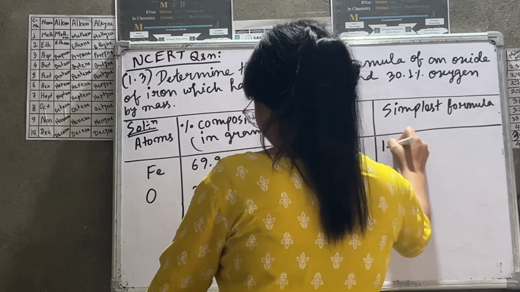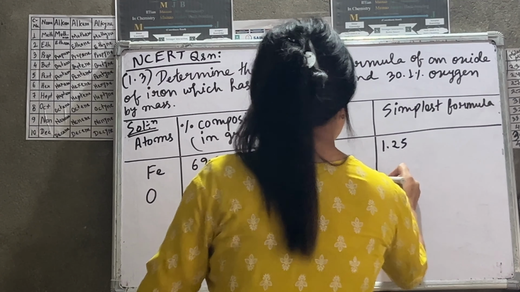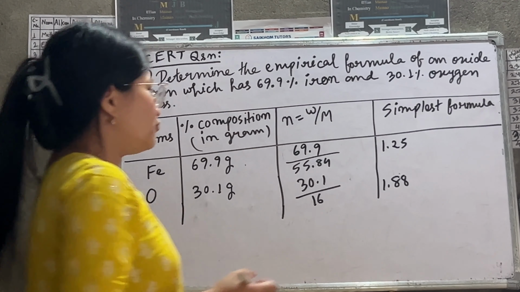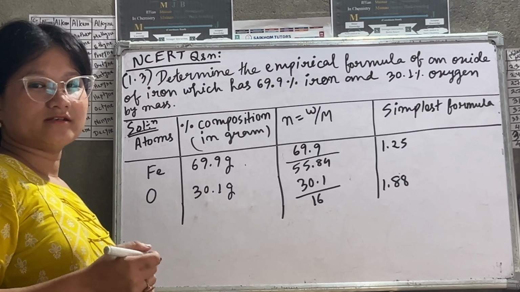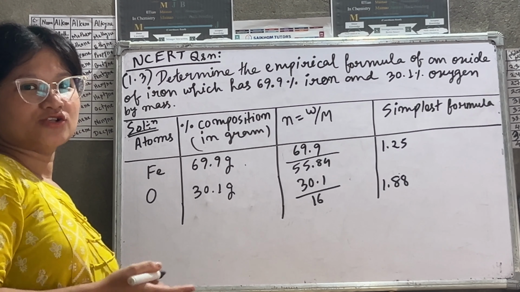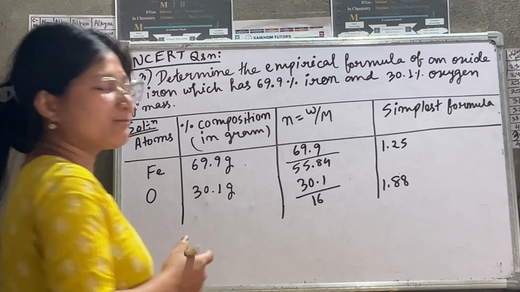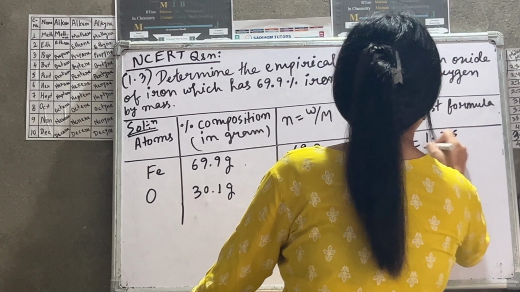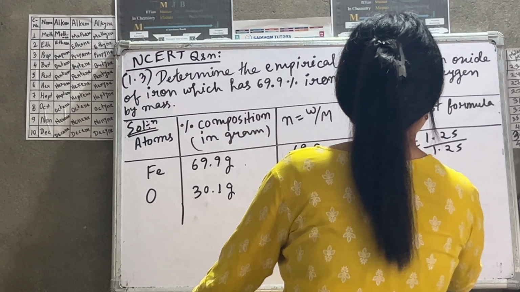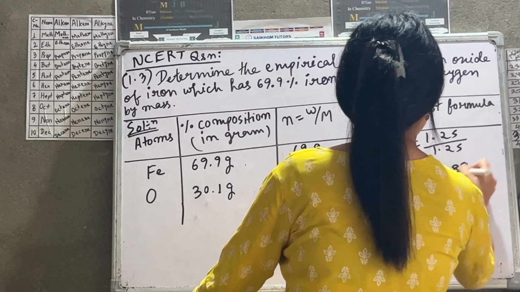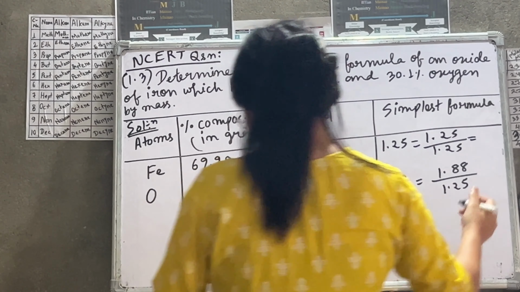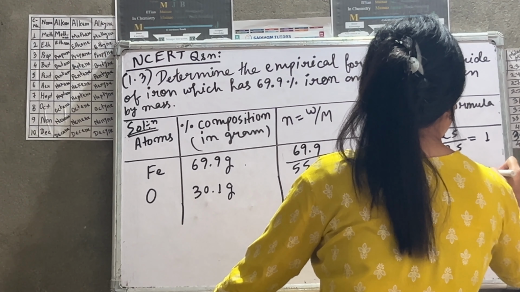The answer is 1.25. Here it is 1.88. So the smallest unit is 1.25. So divide both by 1.25. 1.25 by 1.25, and here 1.88 by 1.25. The answer is 1, and here it is 1.5.